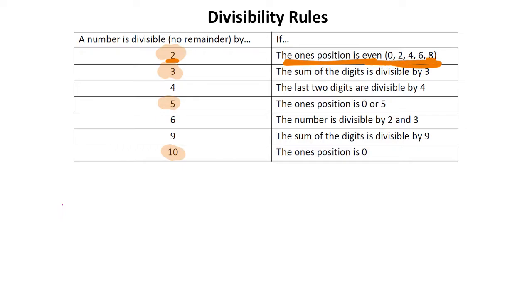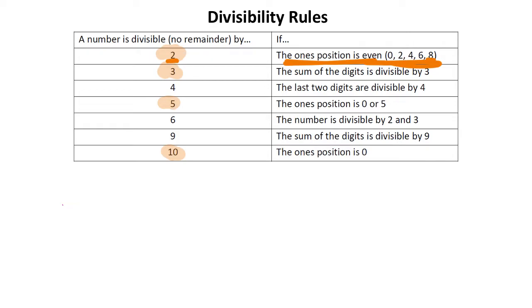Is there an even number? Even numbers are 0, 2, 4, 6, and 8, just like we see in that list. If in the ones place value I see those numbers, I automatically know that it is divisible by 2. Okay? So if I don't see those 5 numbers right there, I automatically know that it is not divisible by 2.